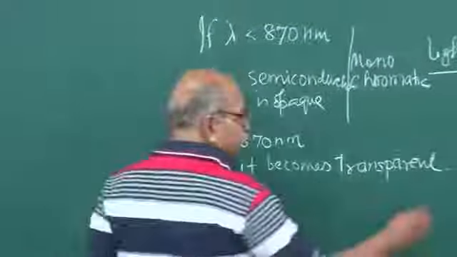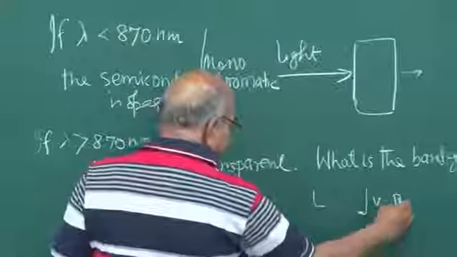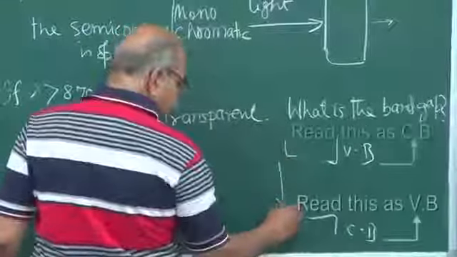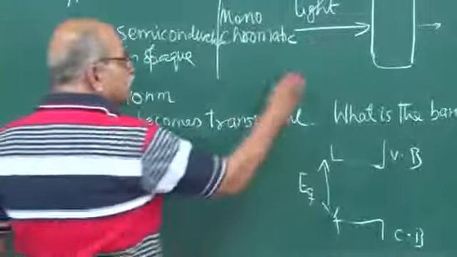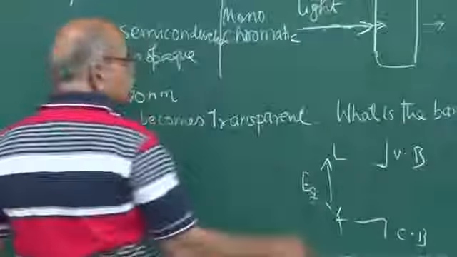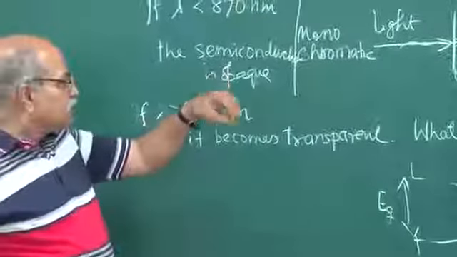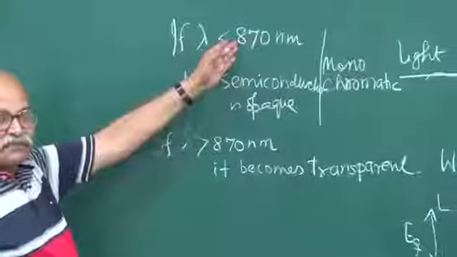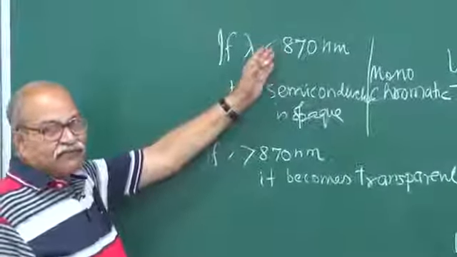You have the semiconductor, so you have a valence band, you have a conduction band, and then there is a band gap, Eg. So, if light falls on this, light photons have a certain energy, and you can calculate the energy of the photon corresponding to this particular wavelength.